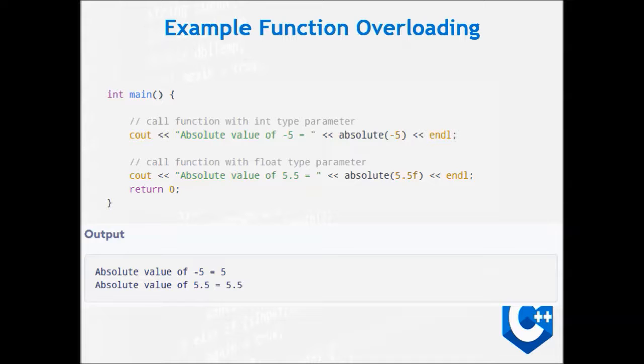Then we call the function with a float type parameter and we write cout absolute value of 5.5, then we call function absolute(5.5f) and then endl. The output of this program looks like: the absolute value of minus 5 is equal to 5 and the absolute value of 5.5 is equal to 5.5.